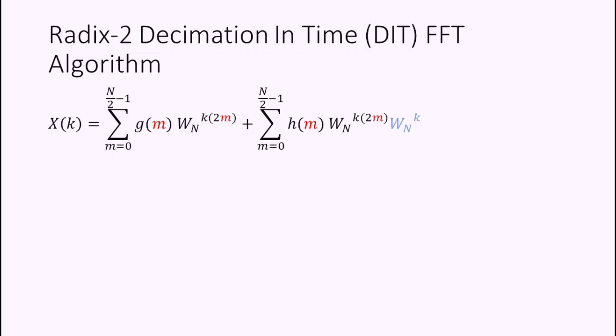Now here k(2m+1) is split as W_N to the power k2m into W_N to the power k.